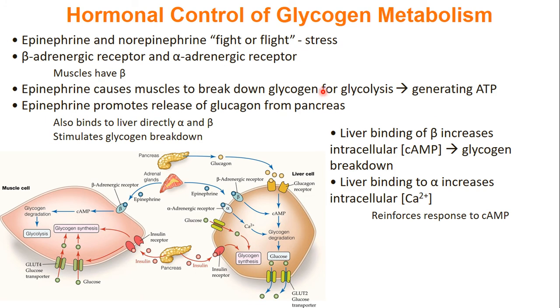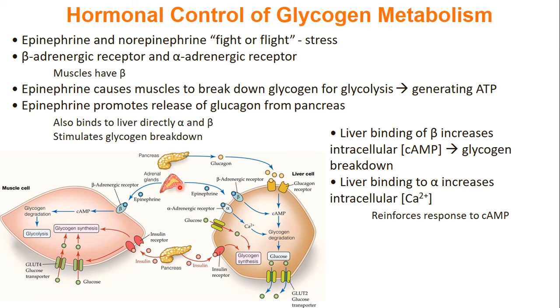Now, epinephrine and norepinephrine, these are your fight or flight hormones. That happens when you're stressed, as you might be as you watch these videos. Now, you have two different receptors. You have a beta receptor and an alpha receptor to interact with these hormones. Muscles only have a beta receptor. Liver cells have an alpha and a beta receptor.